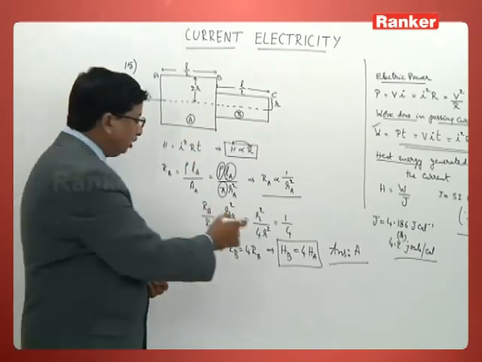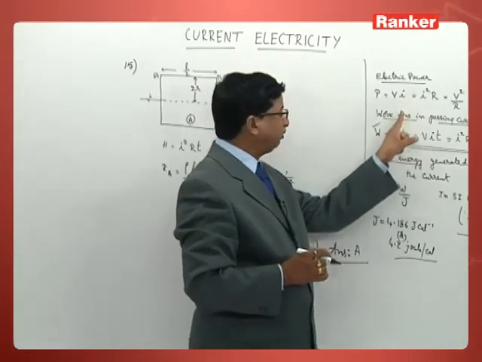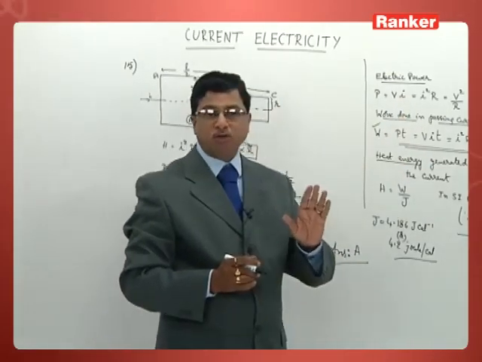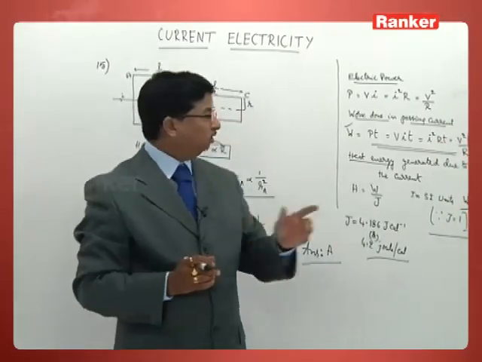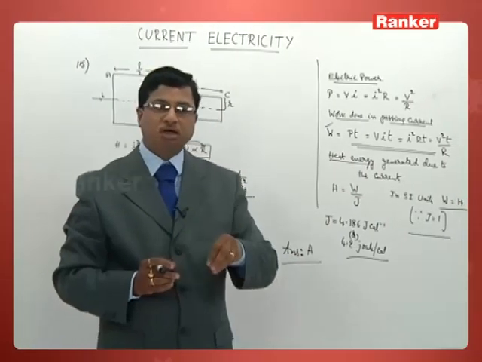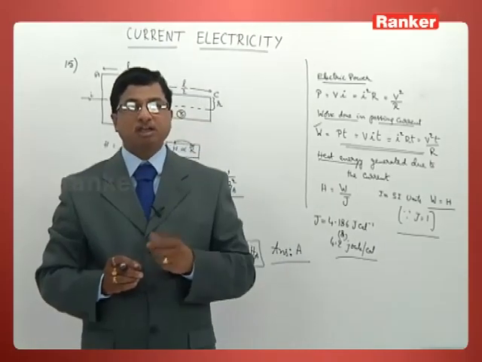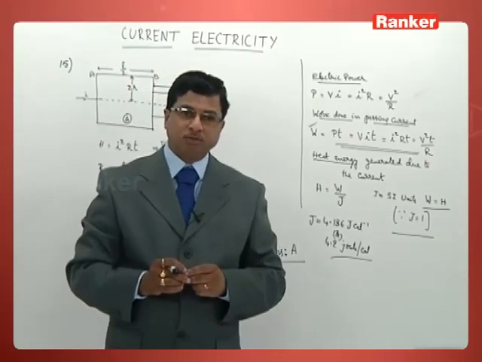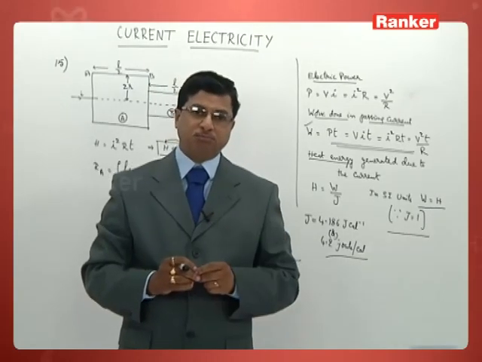That is the relation we have got. And for all of these, you people need to have these equations in memory. So if you are thorough with these concepts, any problem asked based on heating effect of current can be solved easily. So this is problem number 15 that we have.